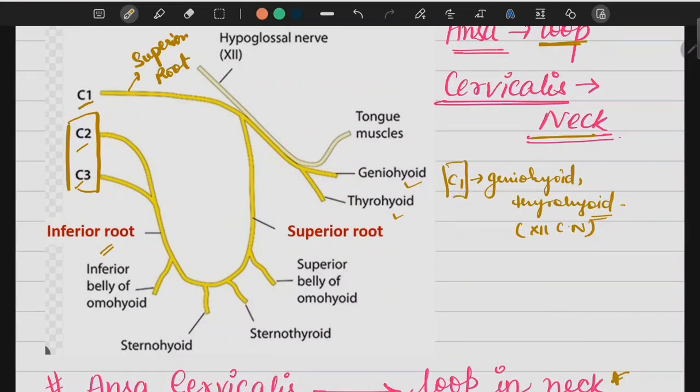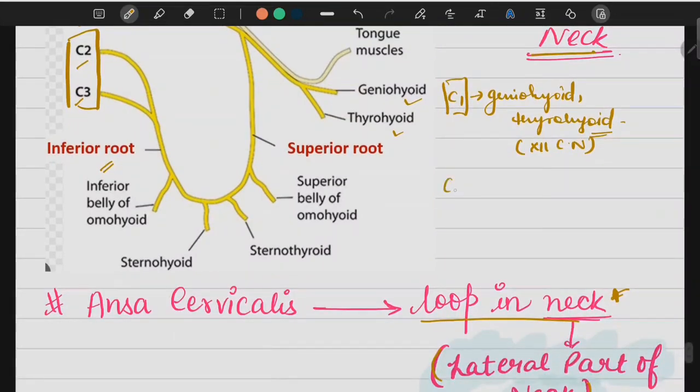Coming to C2 plus C3 together, the important one, this is going to supply all the infrahyoid muscles, or you can say all the muscles that are below the hyoid bone. The 3 infrahyoid muscles that we have here are the sternohyoid, sternothyroid and the omohyoid. Now both the bellies of omohyoid, the inferior belly and the superior belly.